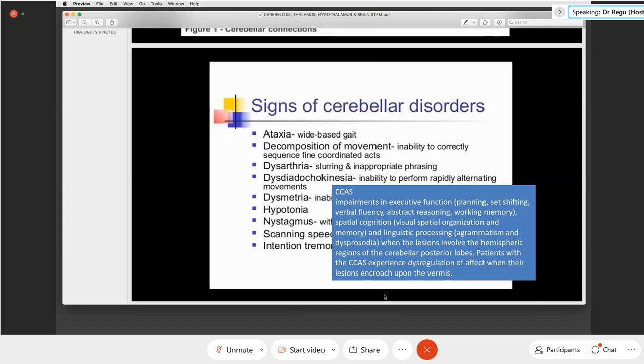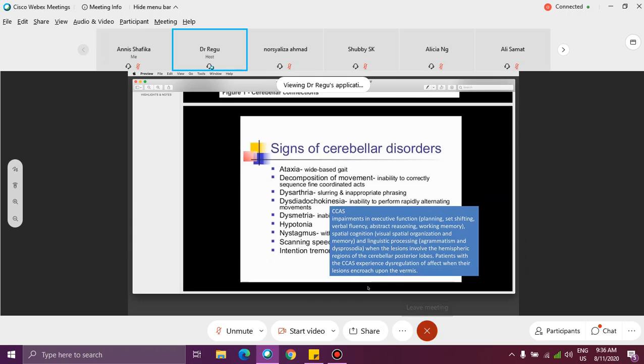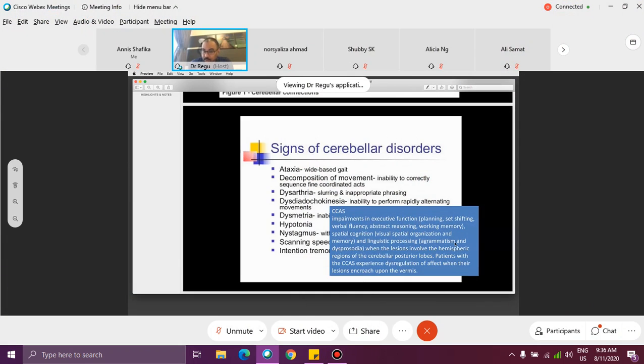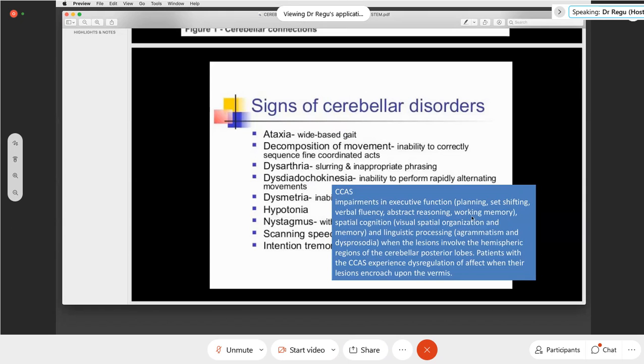Classically, people have considered the cerebellum to be purely an area involved with movement, balance, and planning movement only. But in recent times, we found that there's something called cerebellar cognitive affective syndrome, where cerebellar conditions can also affect executive function like planning, verbal fluency, reasoning, working memory, and also spatial cognition, your grammar, and you can also have effects on your emotions, especially when you disturb the central part of the vermis.